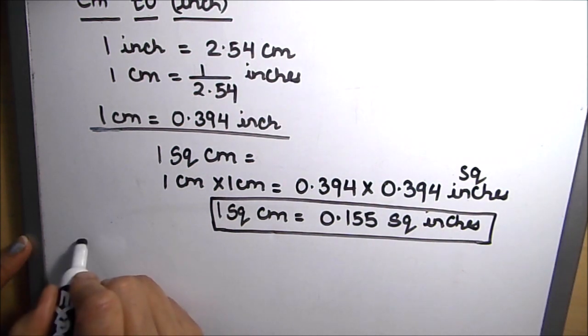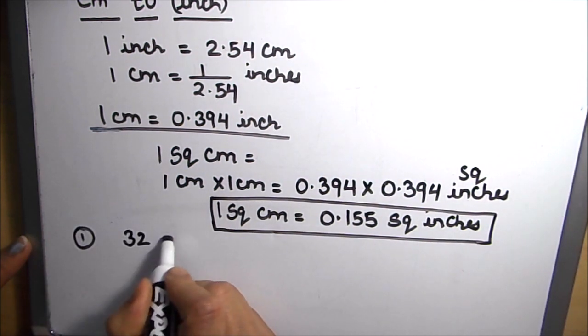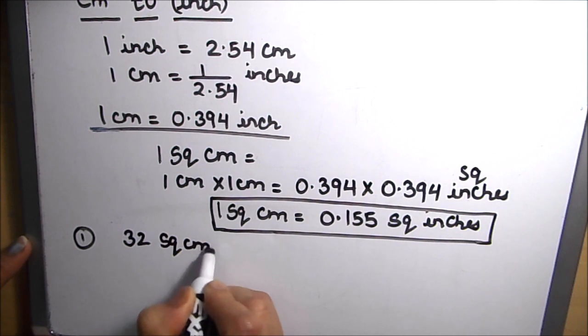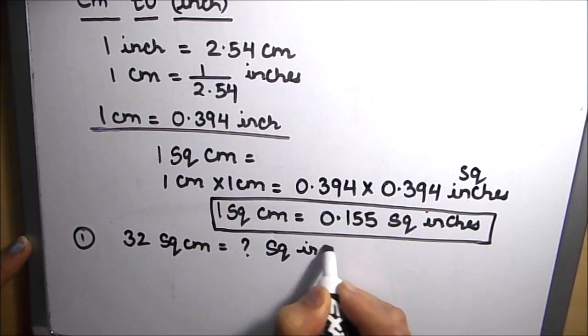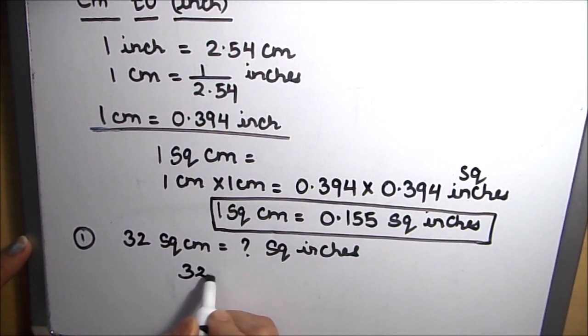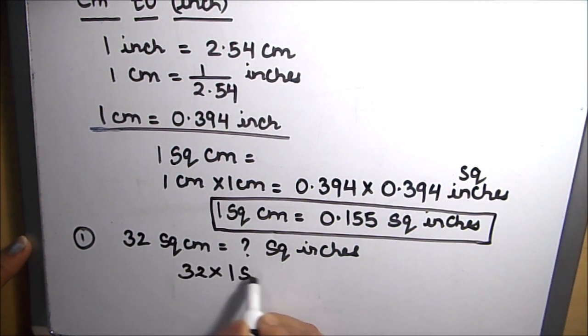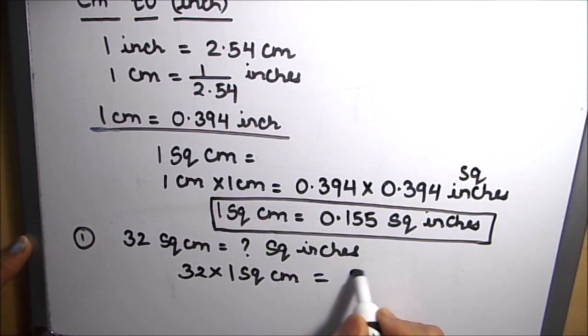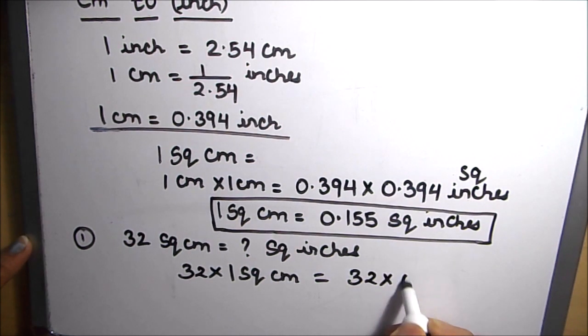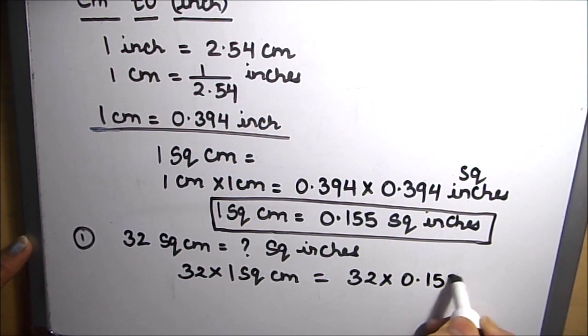Let us take an example here. Let's convert 32 square centimeters to square inches. So 32 square centimeters is 32 times 1 square centimeter, and in place of 1 square centimeter we are going to write 0.155 square inches.